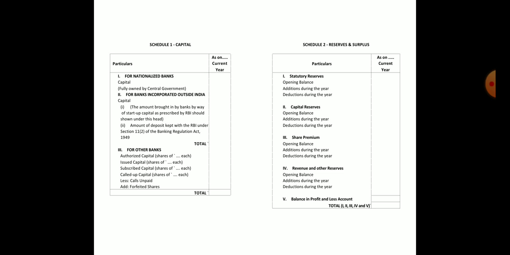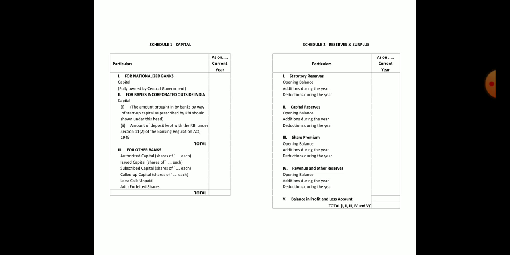There are some statutory reserves such as SLR, CRR, repo rate, reverse repo rate. So we have to maintain those reserves. Capital reserve: if there is any capital profit, that should be maintained under capital reserve. Share premium: if we have issued shares and we get a premium, that should be treated here.